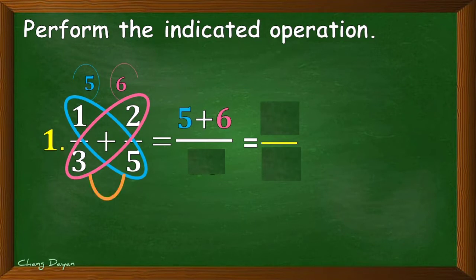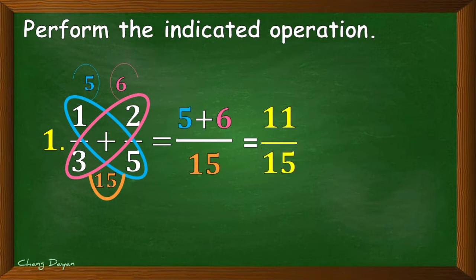Then, 3 times 5, you have 15. So, 5, add sa 6, the answer is 11. Then, copy the denominator, 15. Ang ating final answer ay 11/15. Kung mapapansin nyo, ang method na ito ay makakabuo ng parang isang butterfly.